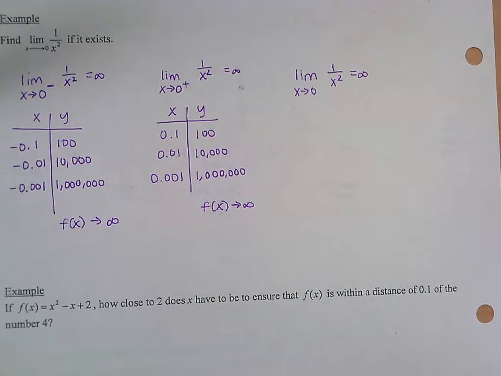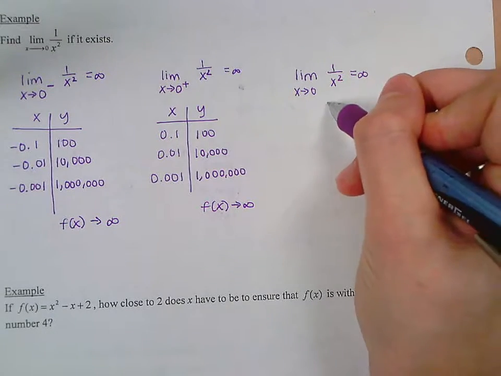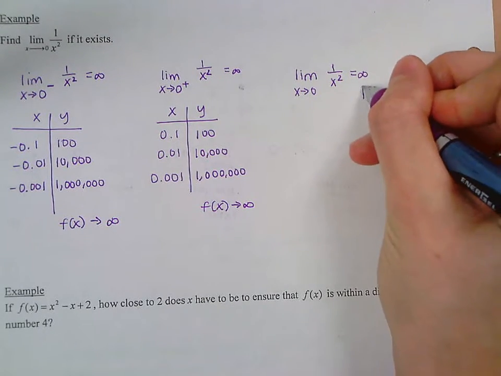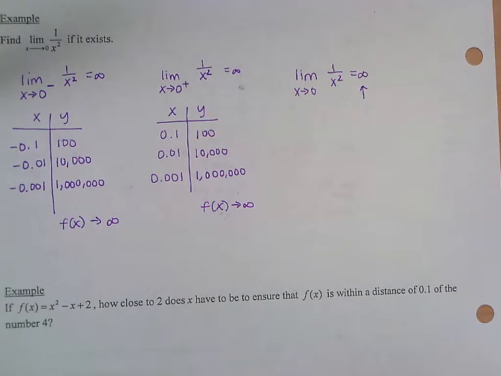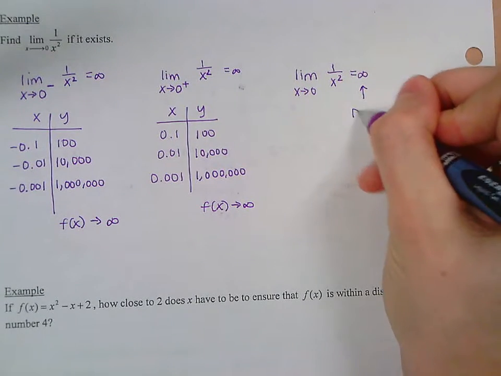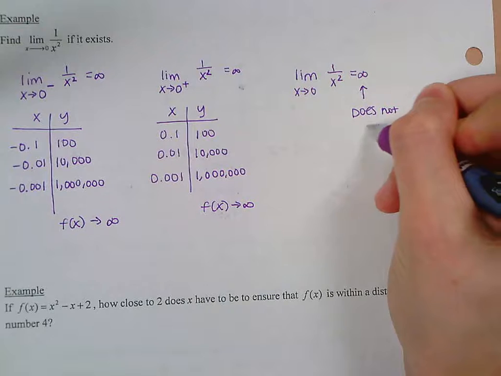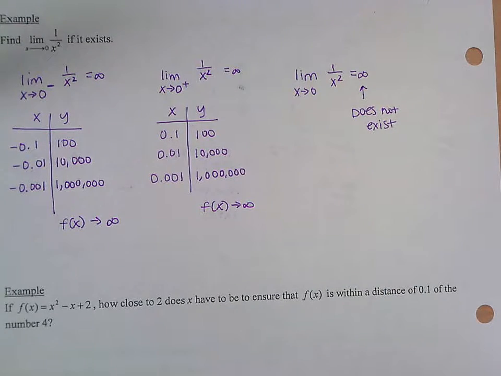However, if the limit is approaching positive or negative infinity, that actually means the limit does not exist, because infinity isn't a number. When a limit exists, it's approaching a specific value.